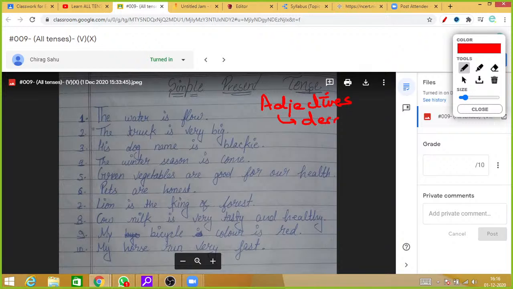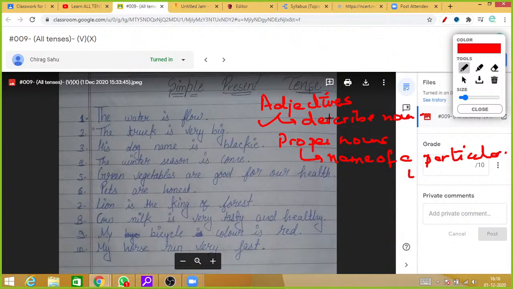Are called adjectives. Very good. And what are proper nouns? Yes. Name of a particular thing.